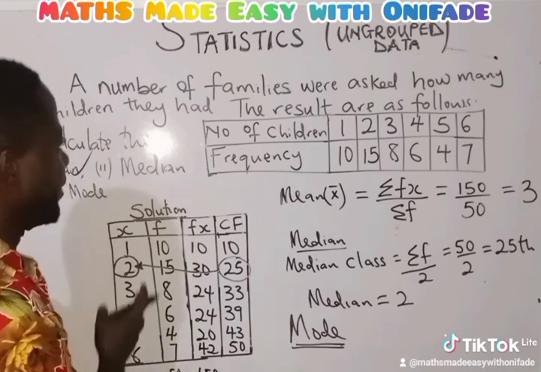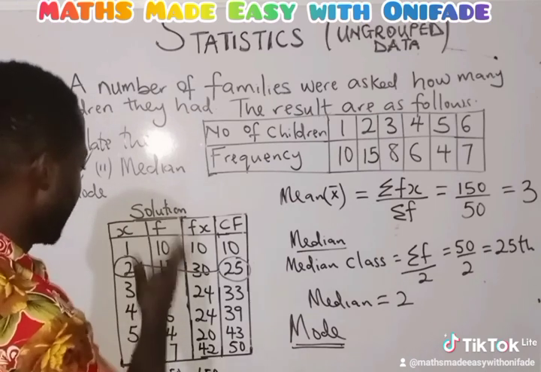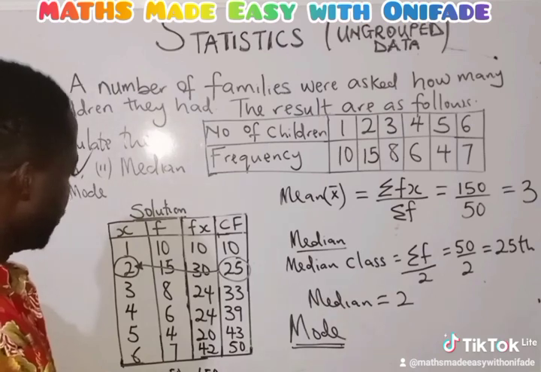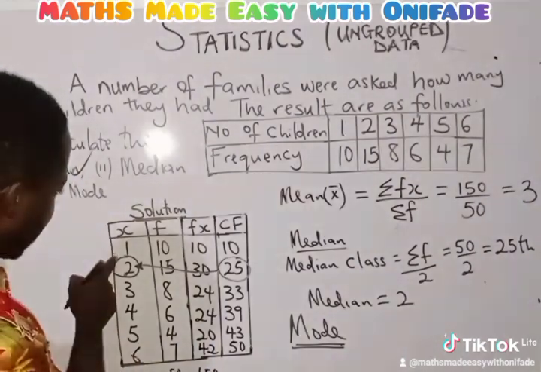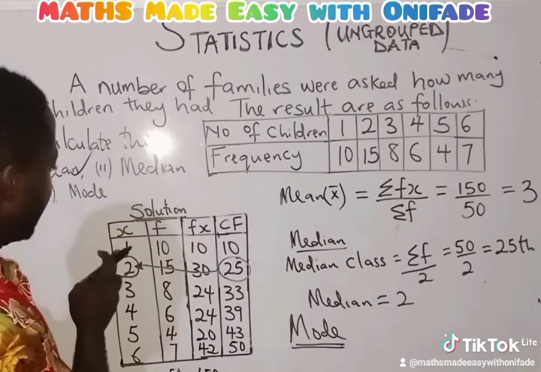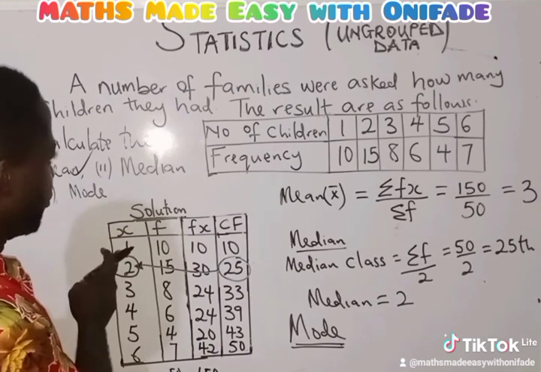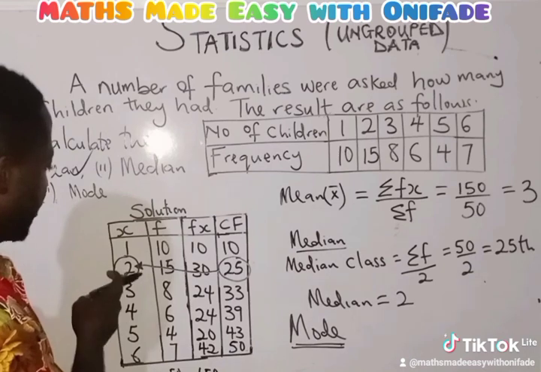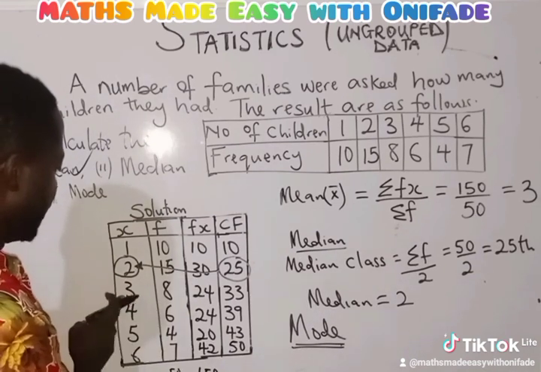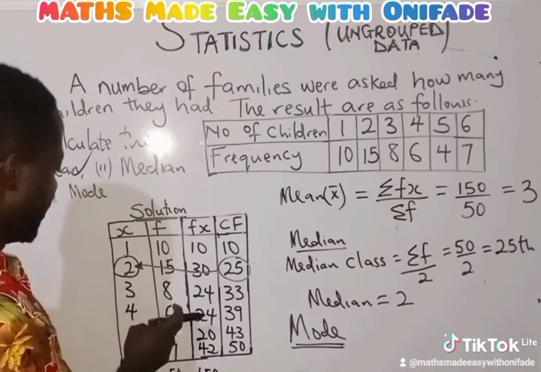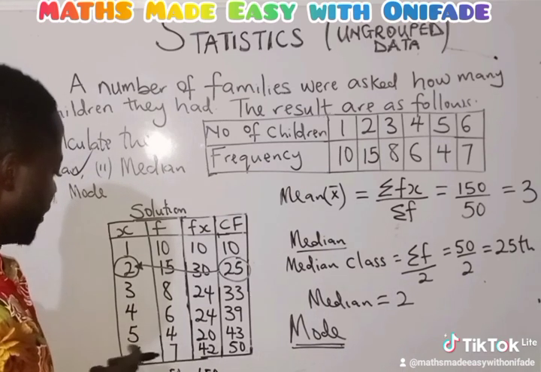Let's look at the number of children that appear most. Since mode is the highest occurrence, when you look at this, the frequency of one child is 10, of 2 children is 15, of 3 children 8, 4 children 6, 5 children 4, 6 children 7.